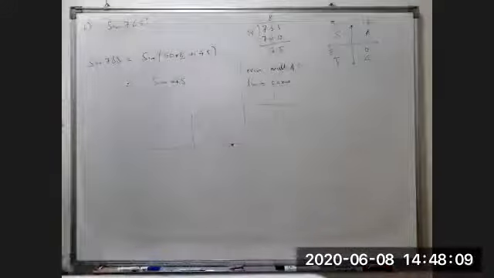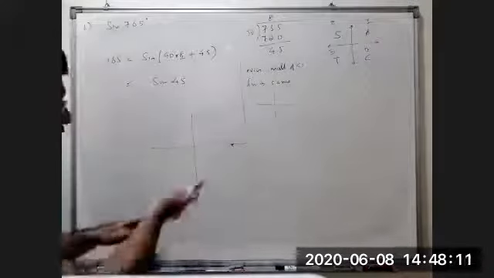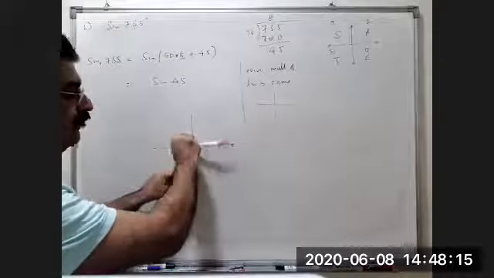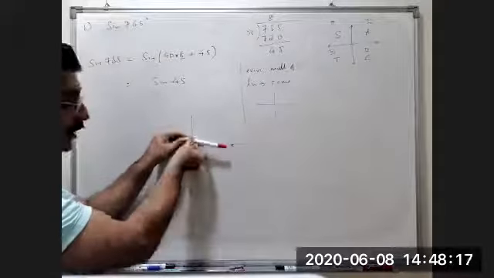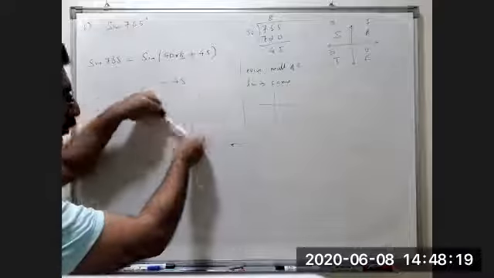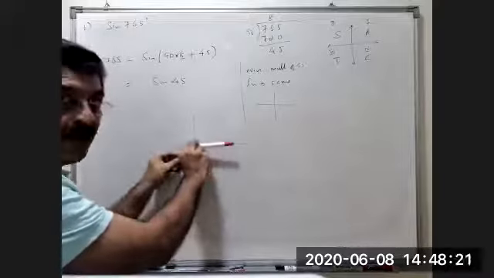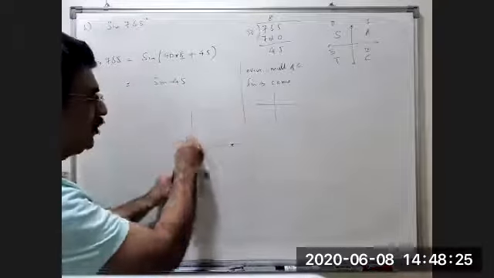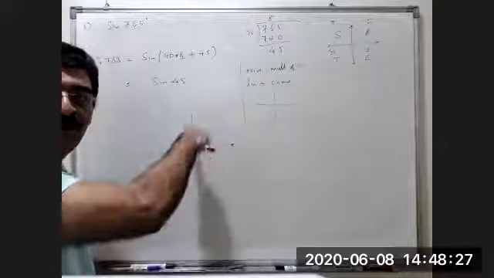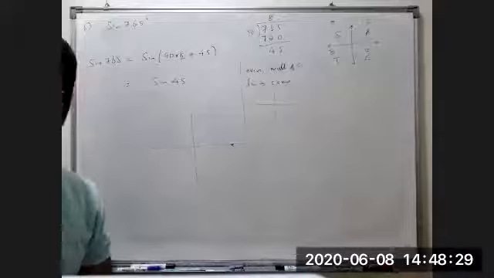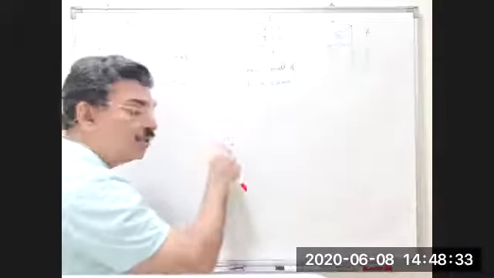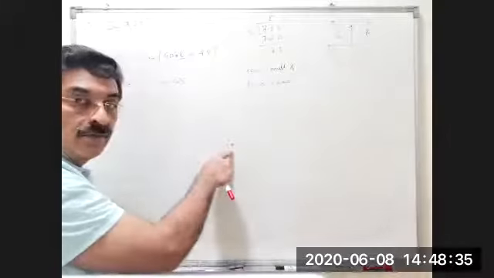Did you get it? 90 into 12. 90 into 4: 1, 2, 3, 4. Again 5, 6, 7, 8. That is 90 into 8. Again 9, 10, 11, 12. That means multiples of 4. 90 multiplied by 4 will give 360. Multiples of 4 will come at the origin, at 0.